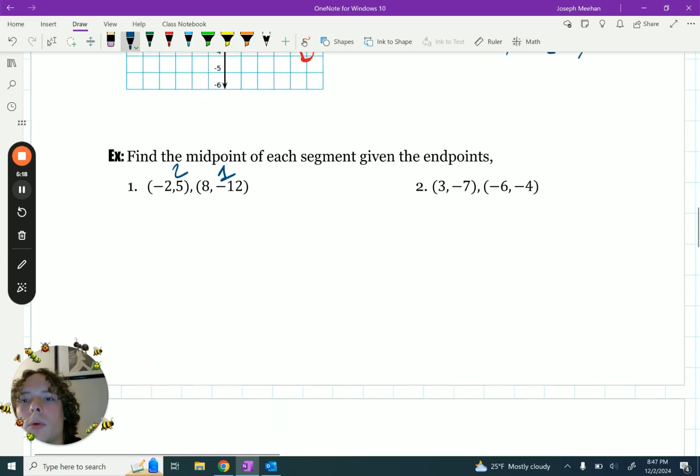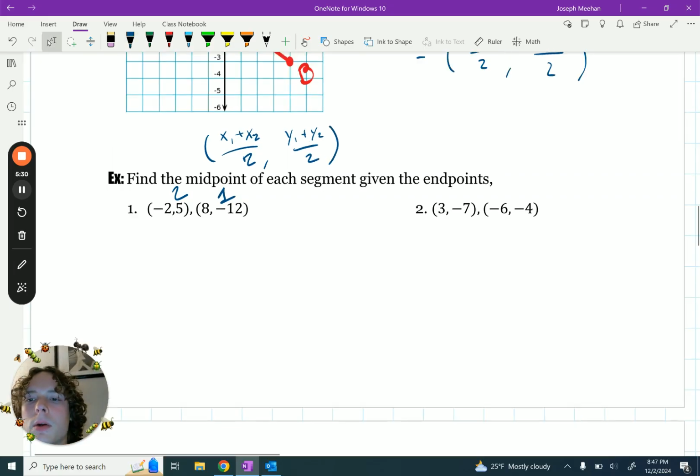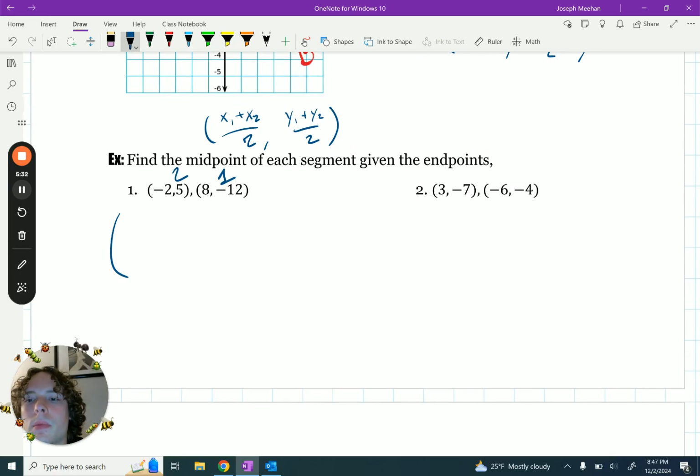So, our midpoint formula again, I'll write it down a third time here just for reference. x1 plus x2 divided by 2, y1 plus y2 divided by 2. All right, so x1 would be 8, so that's the x value of point 1, plus x2 is going to be negative 2, divided by 2, comma, y1 would be negative 12, wouldn't it?